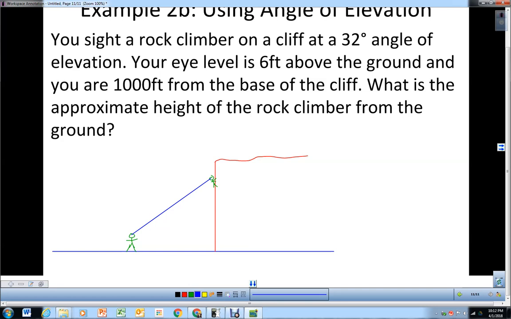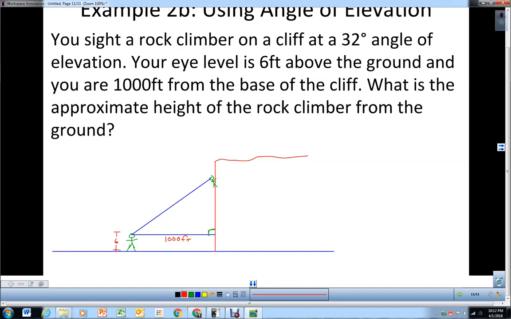Well, the next thing we're going to do is draw our right triangle. So we're going to draw our horizontal, and then we have it perpendicular with the side of the mountain. What we know is that we're 1,000 feet away from the cliff. We know that my eyesight is about 6 feet, so from here to here, we're looking at 6 feet.